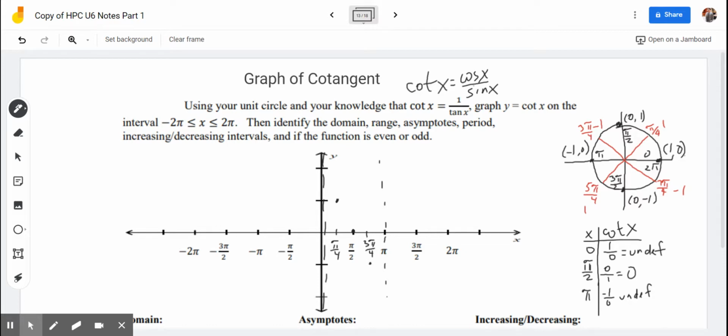Okay, so if you were to graph cotan on your calculator, right now if we just looked at it, it kind of looks like a linear function in between the two vertical asymptotes on the left and the right.